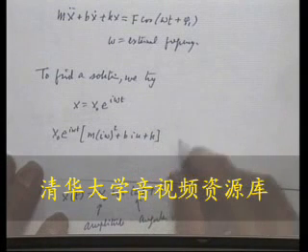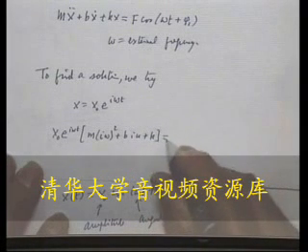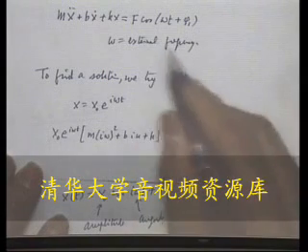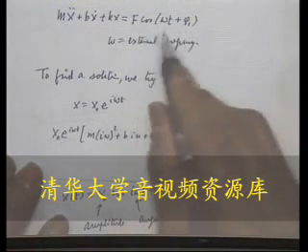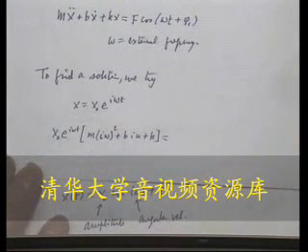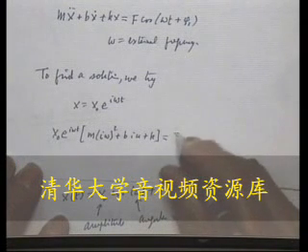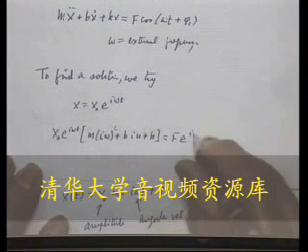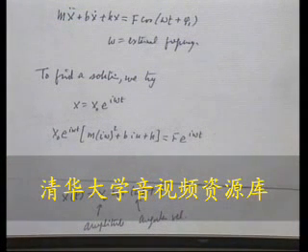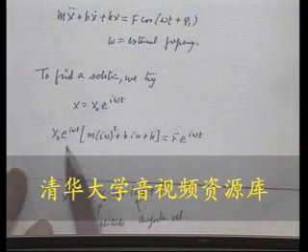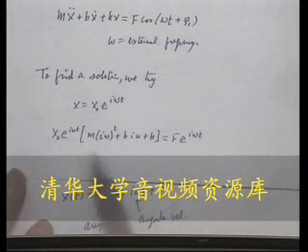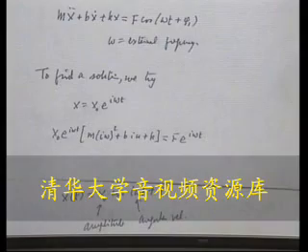That's the left side. And the right side, I told you that we are going to worry about the complexity afterwards. So we now just write f exponential i omega t. So that's a brilliant idea, because both sides have exponential i omega t.